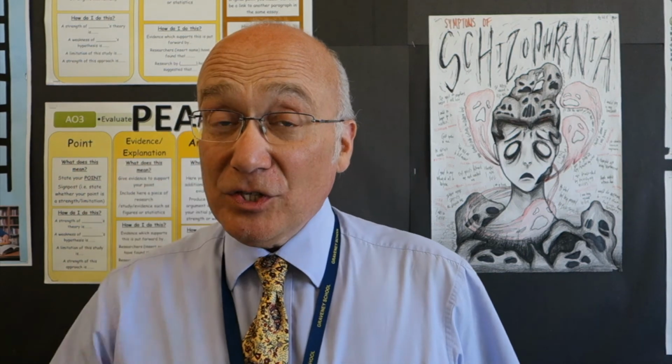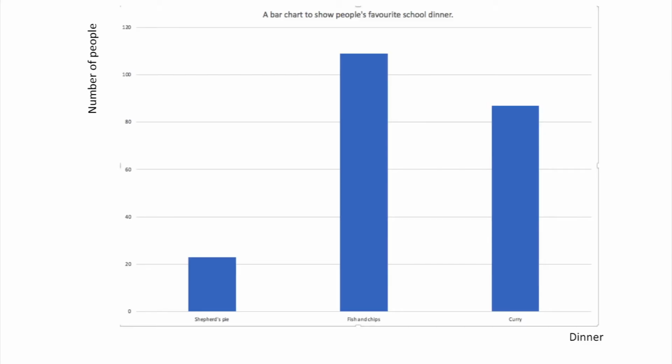So the example of this would be, which school dinner do you prefer? You could have a bar for shepherd's pie, a bar for chicken and chips, a bar for all of the different options that you would have in school dinners. This is when you leave gaps between the bars because the categories don't overlap, and that is a bar chart.